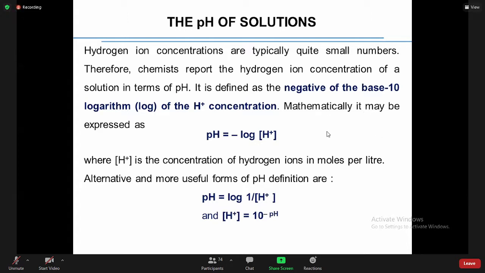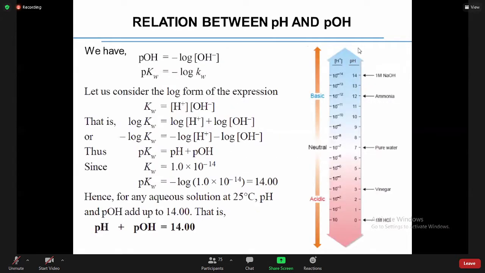To identify the power of hydroxide ion, the base power of a molecule or a substance. Okay, so you already studied this equation as well, right? That pH and pOH in total will be 14.00, right?